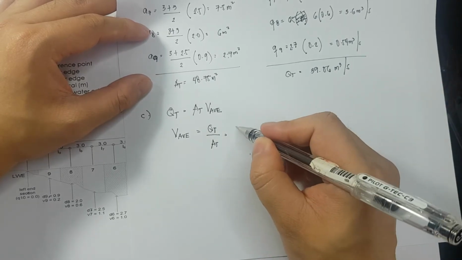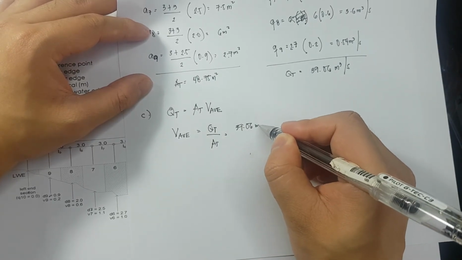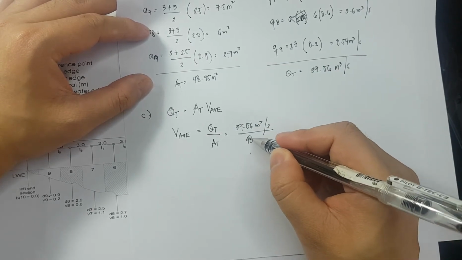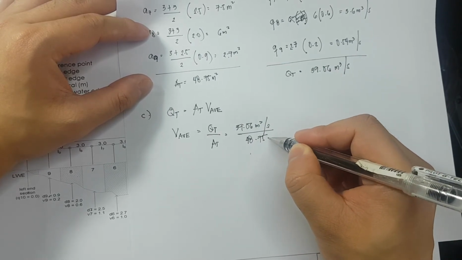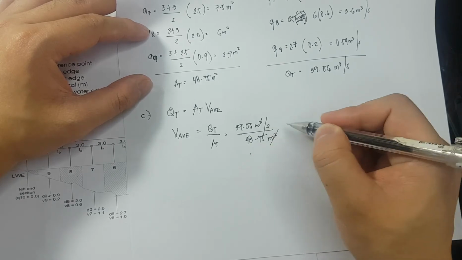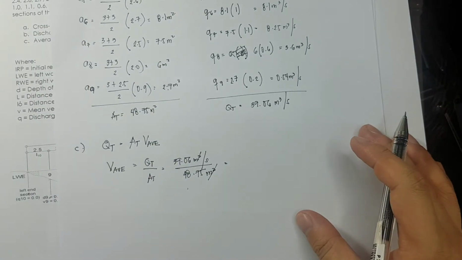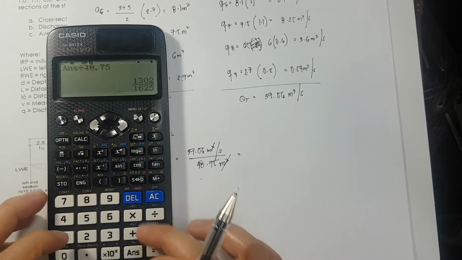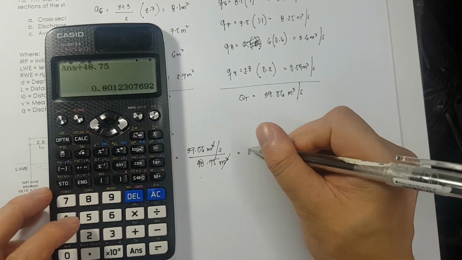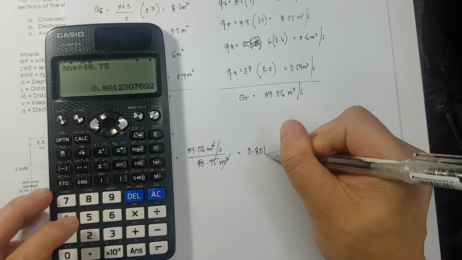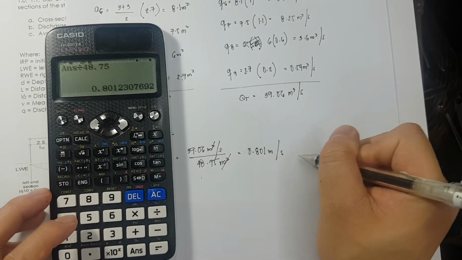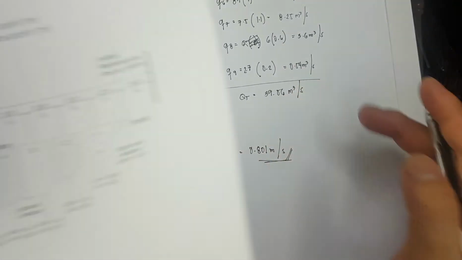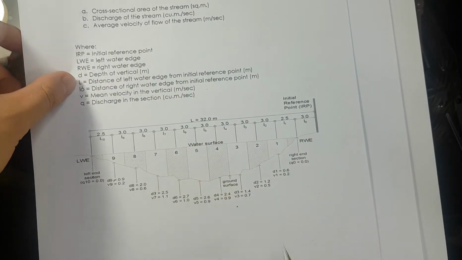What is the Q total? 39.06 cubic meter per second divided by the area total of 48.75 meter squared. So cancel, what remains is meter per second. So 39.06 divided by 48.75, that is 0.801 meter per second. That is the average velocity of this cross section. Okay?